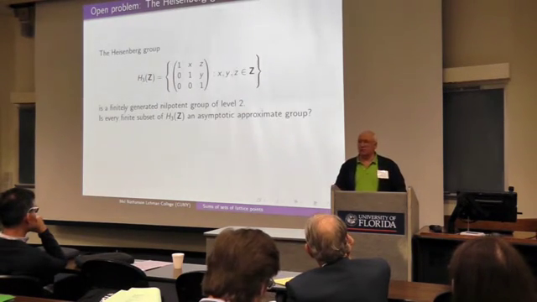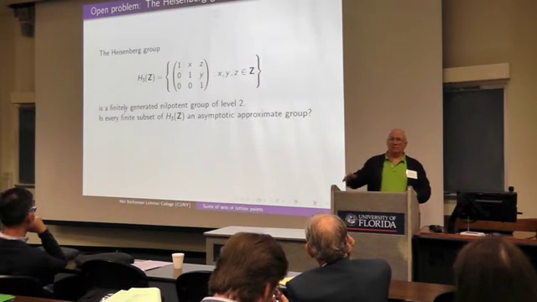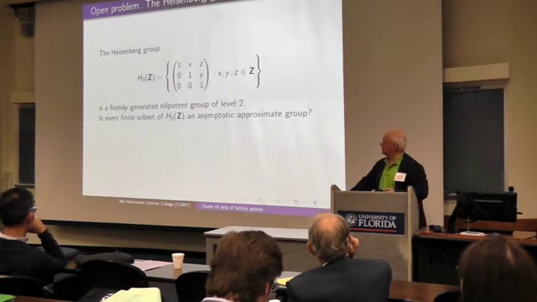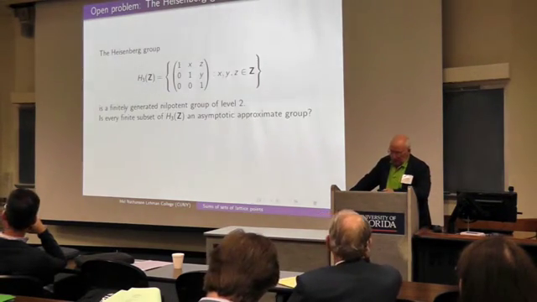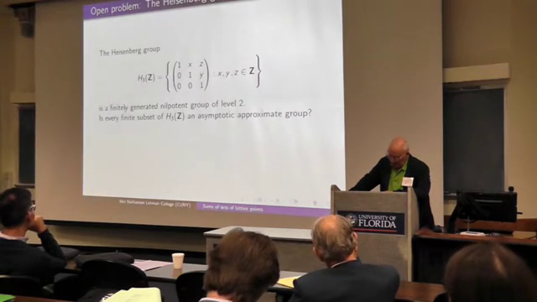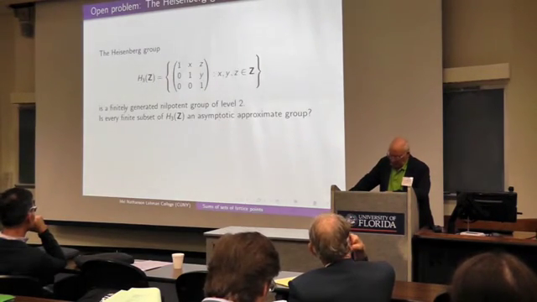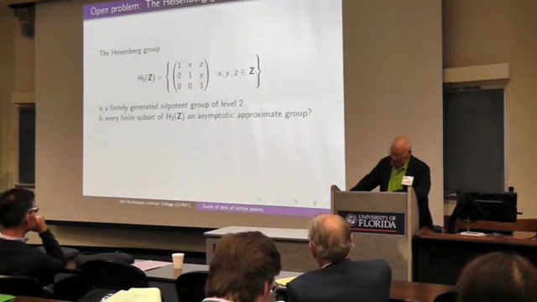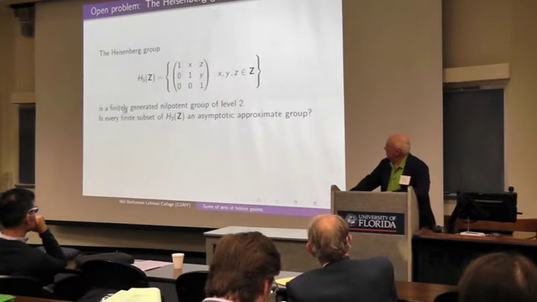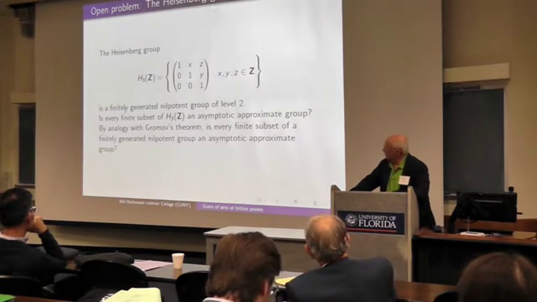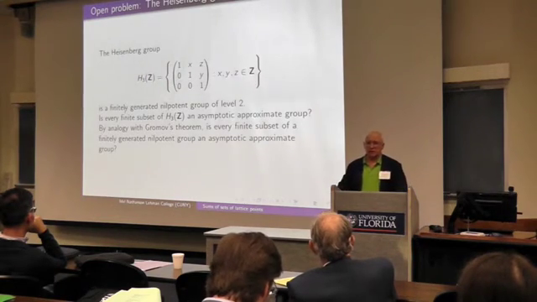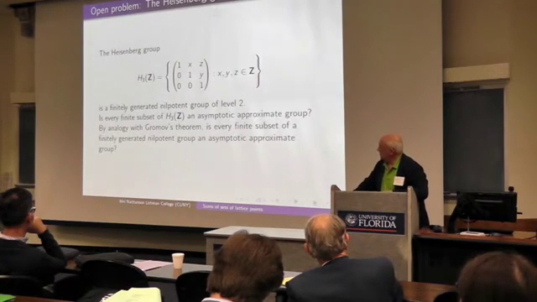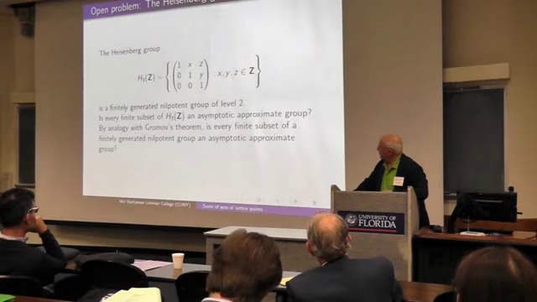Everyone loves the Heisenberg group, and it's an interesting question, which I don't know the answer to, whether finite subsets of the Heisenberg group are asymptotic approximate groups. In the same spirit as Gromov's theorem, you might expect that at least finitely generated nilpotent groups have this asymptotic approximate property. That's just a question I have no answer to.